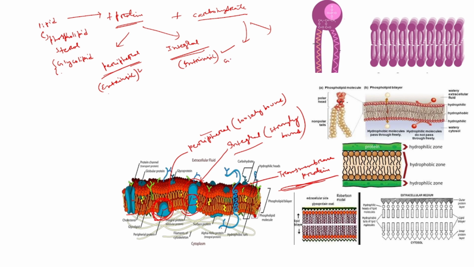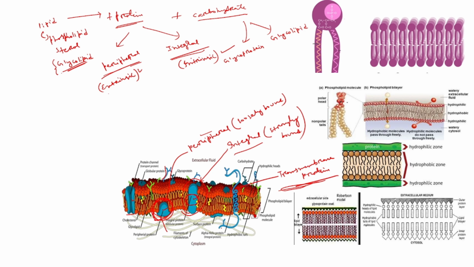One is called the glycoprotein, another is the glycolipid, which I have already told you about. So what is the glycoprotein, what is the glycolipid? Carbohydrate is always present at the outer side, either this side or this side. It is not present in the middle of the plasma membrane, and carbohydrate is only present by binding either protein or lipid.